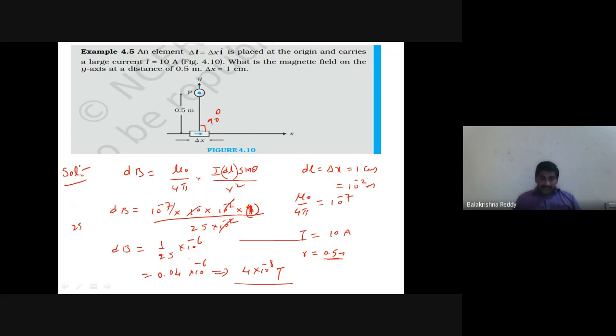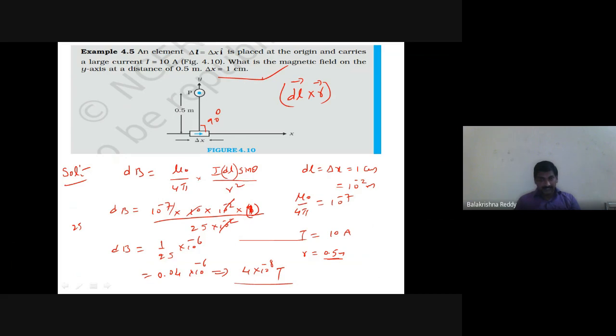In which direction is this? Here direction matters. The question asks for the magnetic field on the y-axis at a distance, with delta x equal to 1 centimeter. Now in which direction is it? Always dl cross r we write in vector form, the cross product of two things.